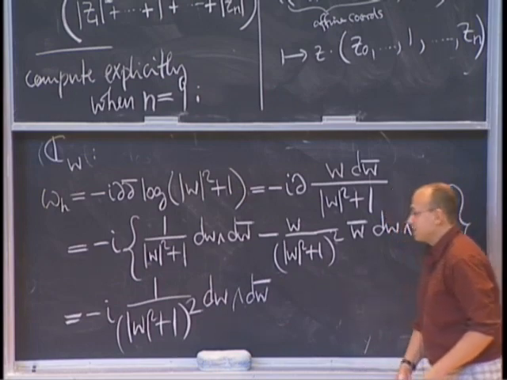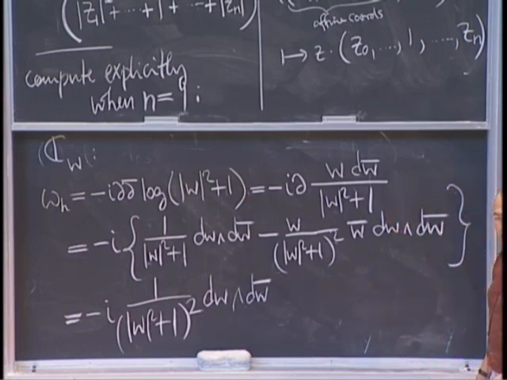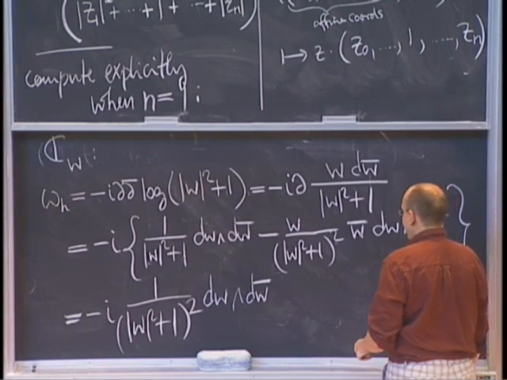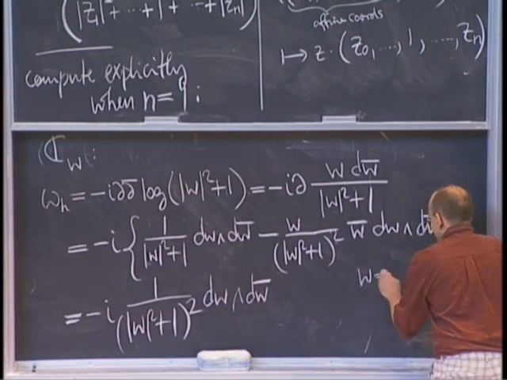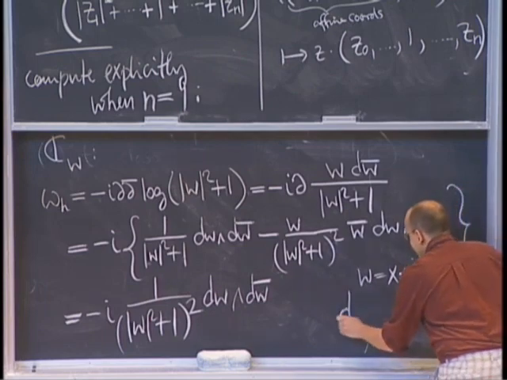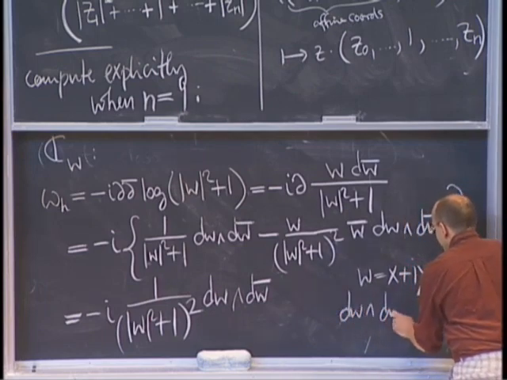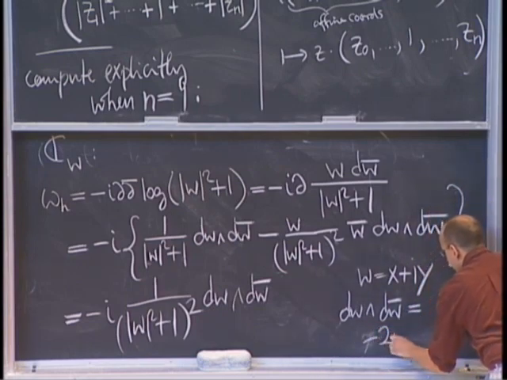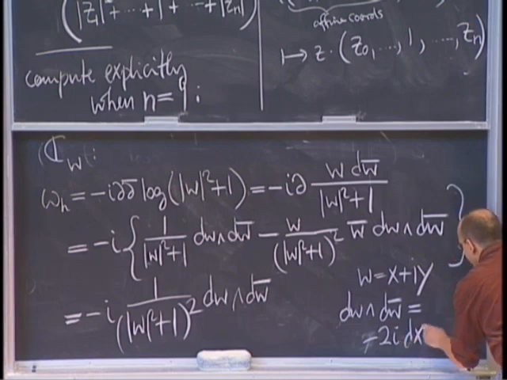So let's maybe rewrite this in terms of real coordinates to get a better impression of what's actually going on. If I write W as x plus iy, then dW wedge dW bar is minus 2i times dx wedge dy.